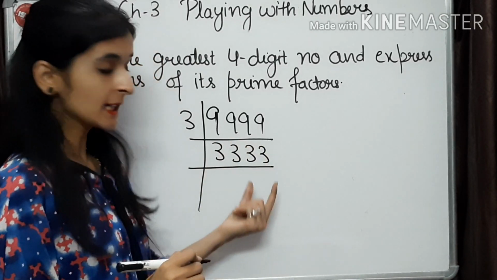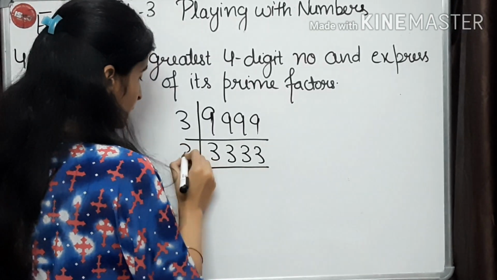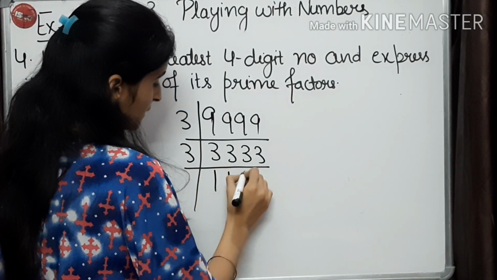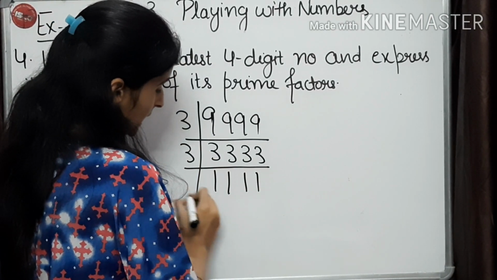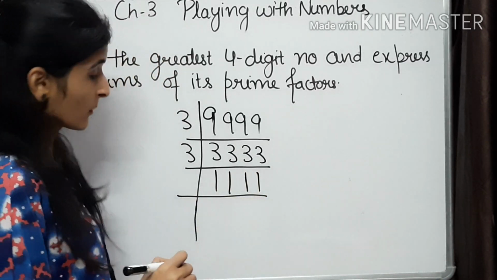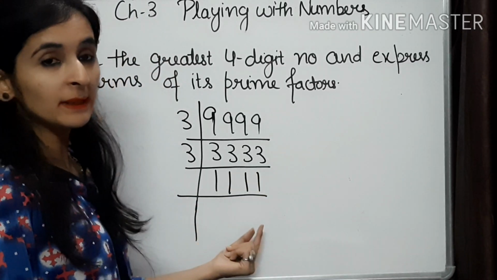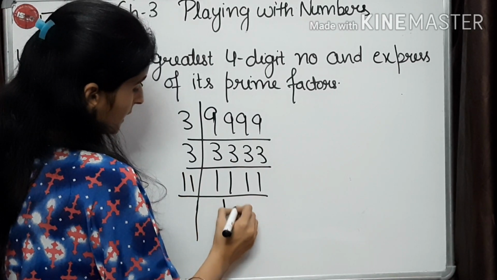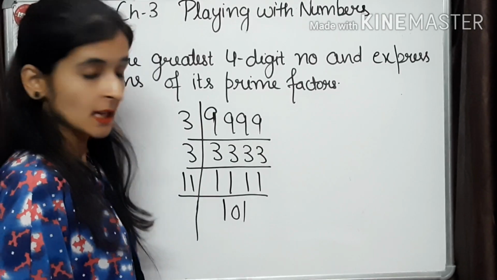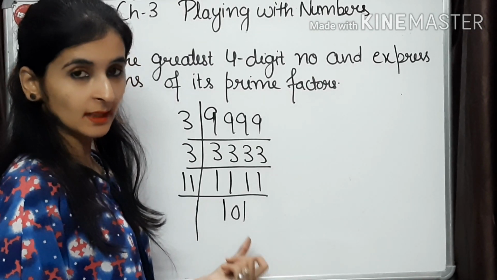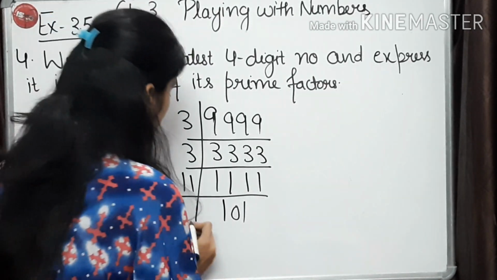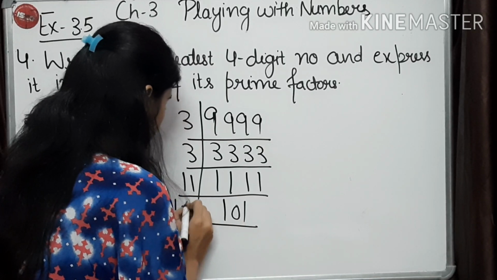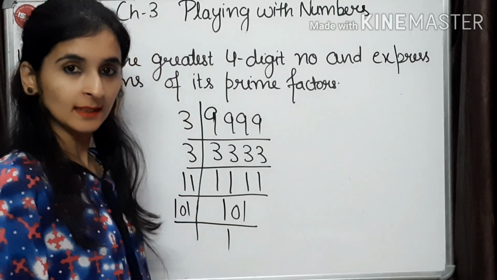And when we divide this by 3, we get 1111. Okay. After that, it will be divisible by 11, giving 101. And 101 is again a prime number, so it will be divisible by 101 itself.